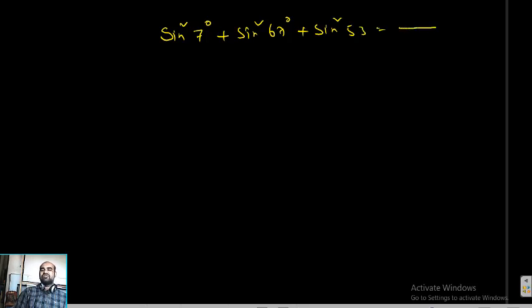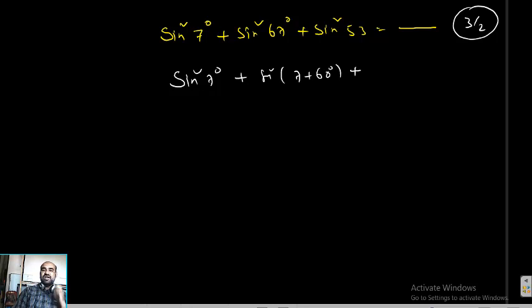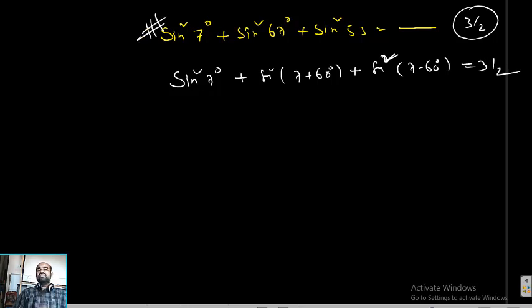Directly you can say that this is equal to 3 by 2, because sin square 7 degree plus sin square of 7 degree plus 60 degree and sin square of 7 degree minus 60 degree, that is minus 53, but the square is there, so no problem. Sin of minus theta is minus sin theta, but the square is there. That's why this is in the form of sin square theta plus sin square of theta plus 60 plus sin square of theta minus 60, so the value is 3 by 2.